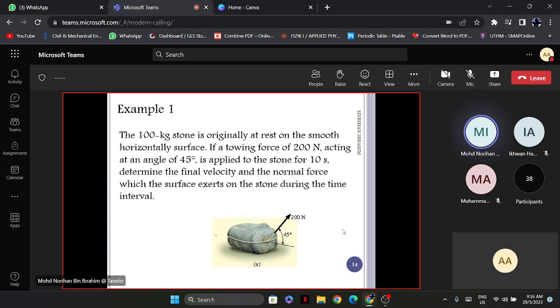If a towing force of 200 Newton acting at an angle of 45 degrees, as you can see here, is applied to the stone for 10 seconds, they give you the time t, which is 10 seconds, within the time of its movement. Determine the final velocity and the normal force which the surface exerts on the stone during the time interval.